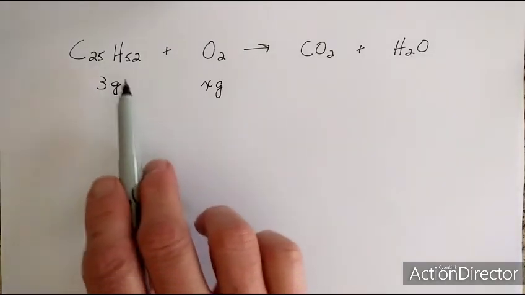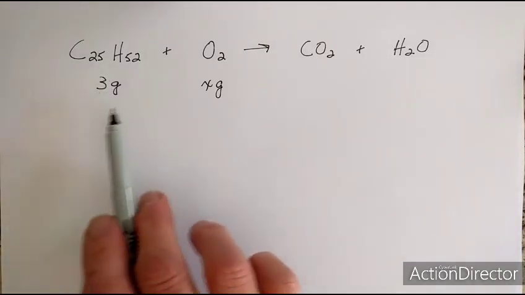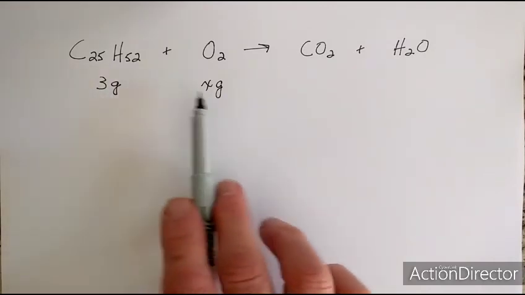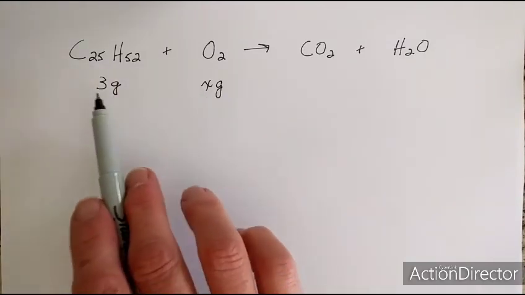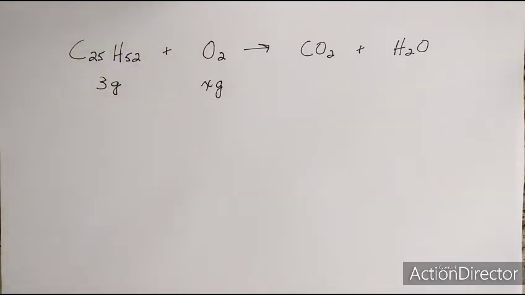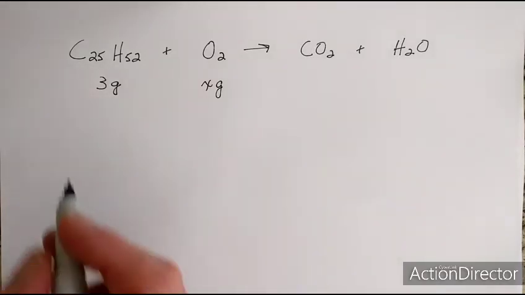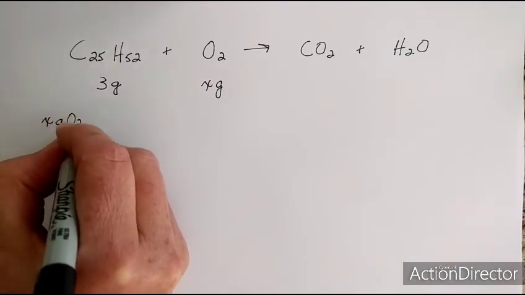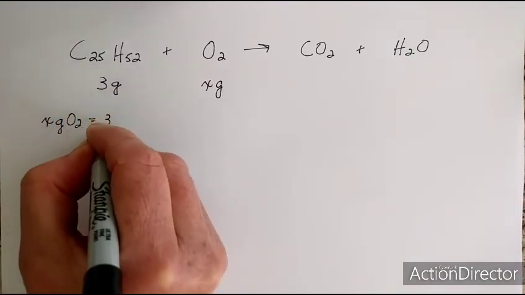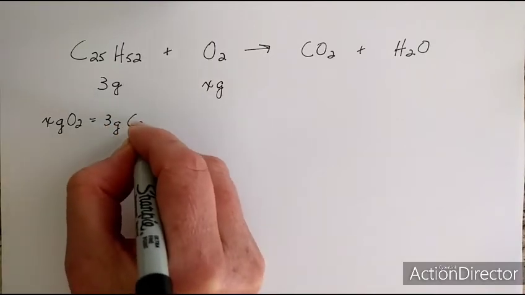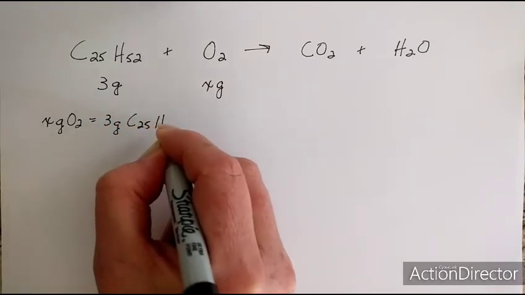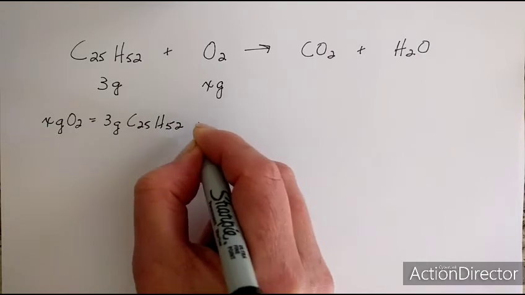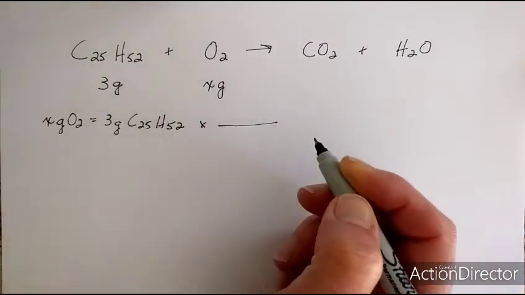So the missing mass is what we're interested in for doing our stoichiometry. That's the amount that actually was in the reaction. So now you just set it up like any other dimensional analysis. So X grams of O2, set that equal to the 3 grams of C25H52, multiplication sign and crossbar.